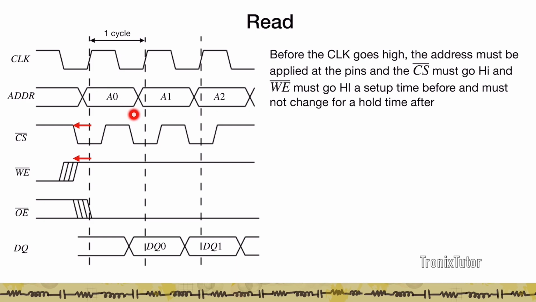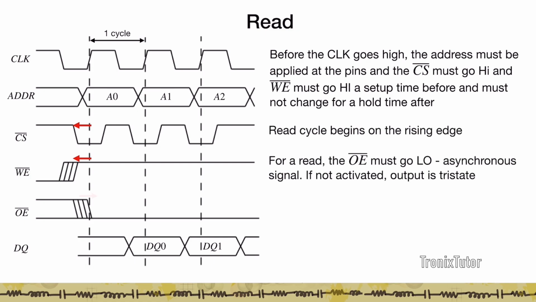Similarly, once this cycle is completed, during the next cycle, I give an address A1 and then I pull the data out at DQ1. So you see that within one cycle, data shows up from the address onto the output pins. Right? So for a read, the output enable signal must go low, and if it is not activated, then the output is essentially in a tri-state.